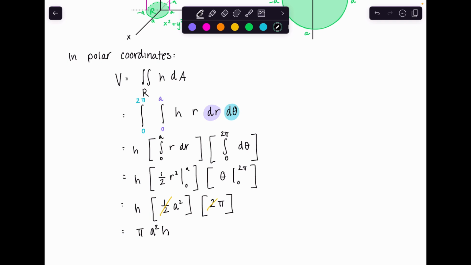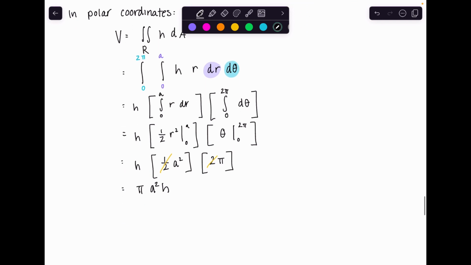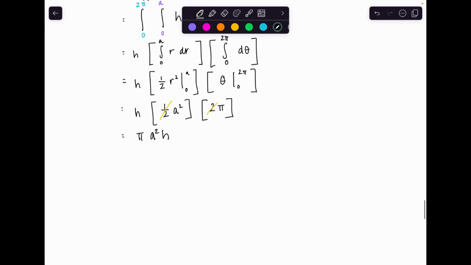Okay. So I got one last example to try. And then that will be it for double integrals.